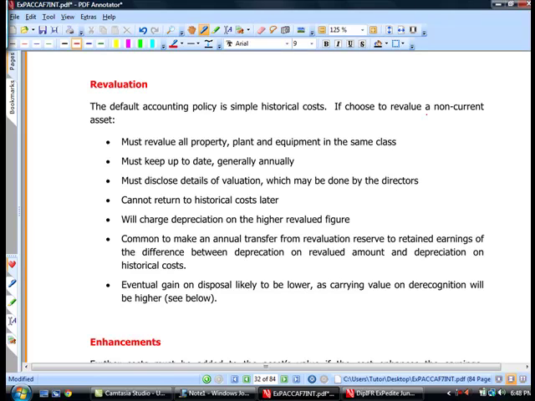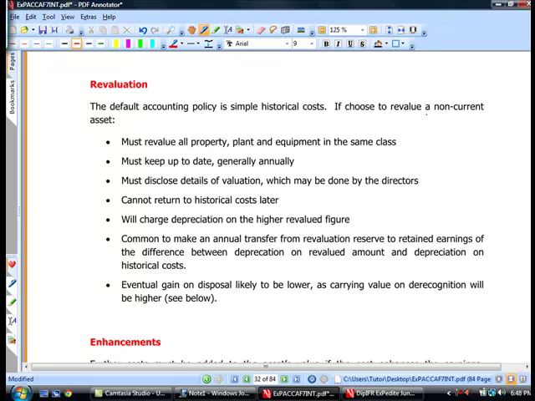The second accounting policy choice is to keep it at the market value. That will imply revaluation, which the standard says should be done with sufficient regularity just to make sure that the value of the assets is as close as possible to their market value at the reporting date.